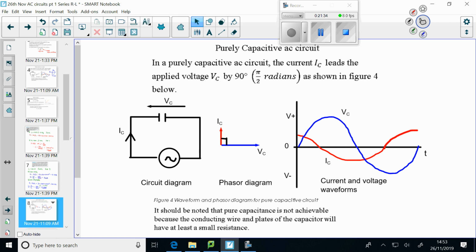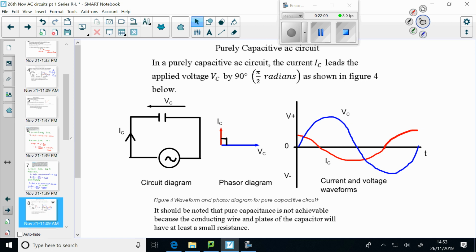What that causes is, in a purely capacitive circuit, the current IC leads the applied voltage VC by 90 degrees. So exactly opposite to that of the inductor. In the inductor, the current lagged. In the capacitor, the current leads. And if you had a pure capacitor, which again is not achievable because the leads and the plates have some resistance, you'd have exactly 90 degrees phase difference between current and voltage.